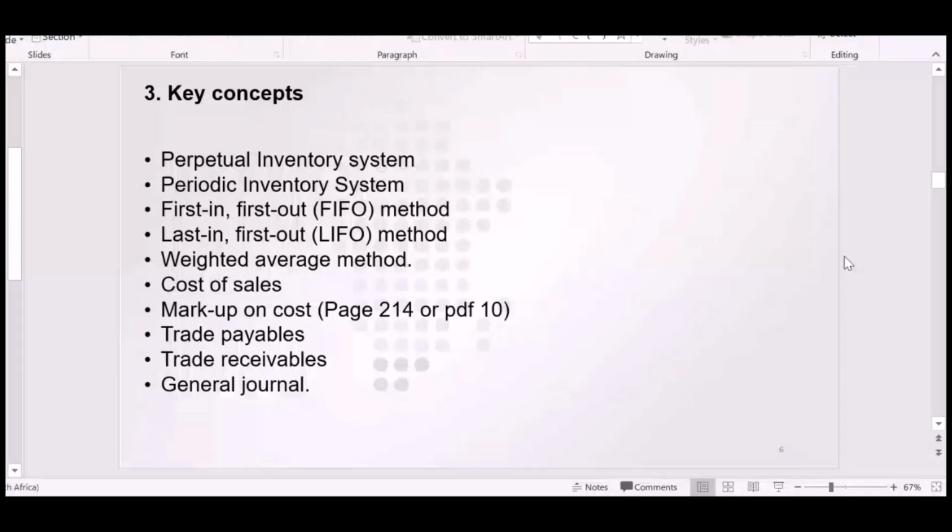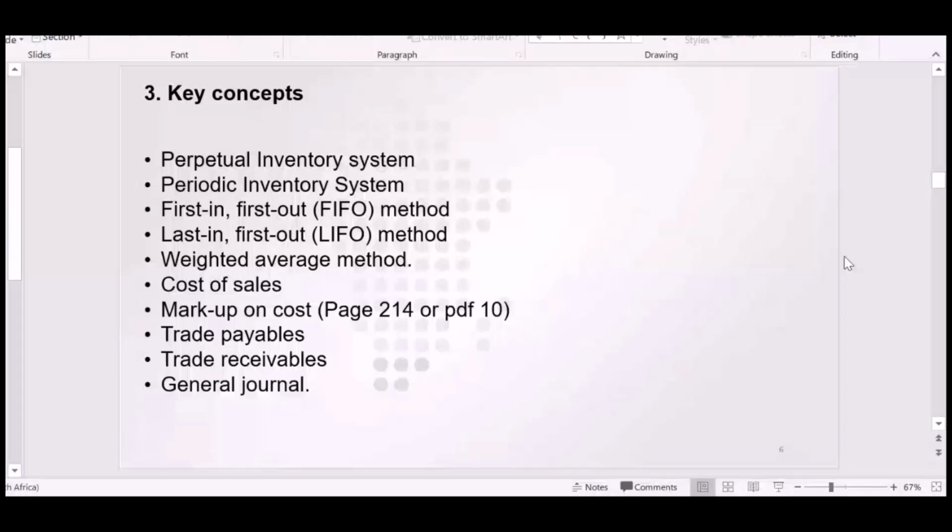Okay, I think you are almost there. The periodic one is on the money, exactly what it is. But the perpetual maybe requires further explanation. What is your understanding of the perpetual inventory system and the periodic inventory system?